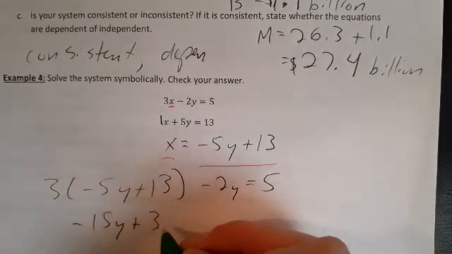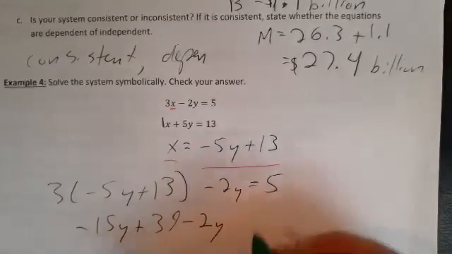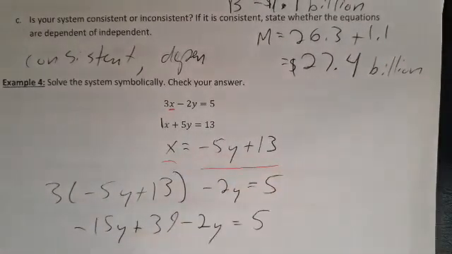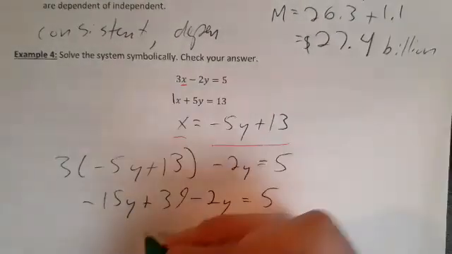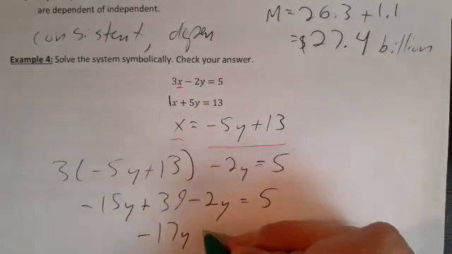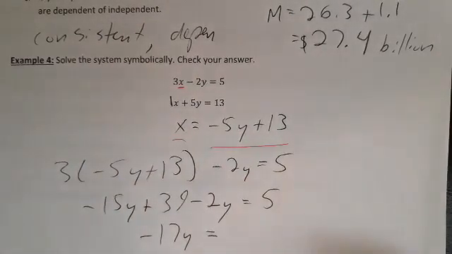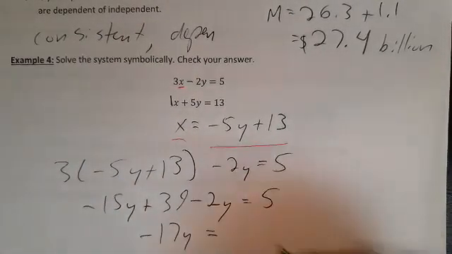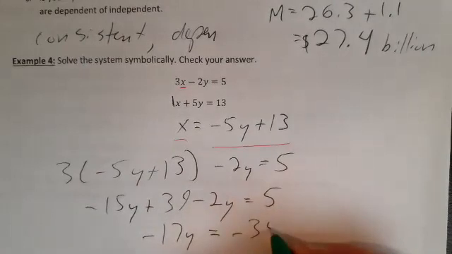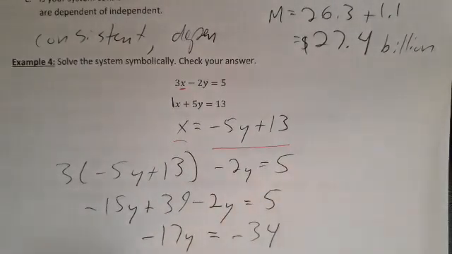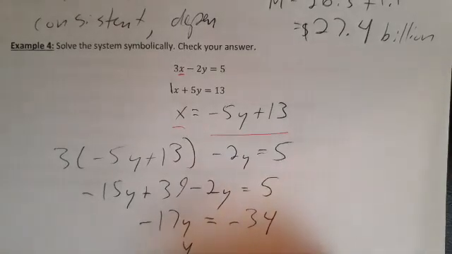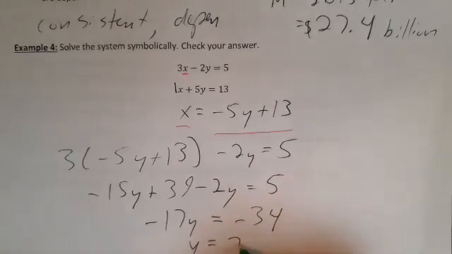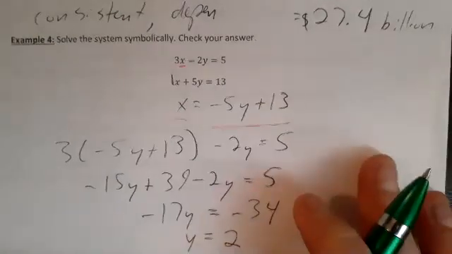So this is 39 minus 17y is 5. I got to subtract 39 from both sides, giving me minus 17y equals minus 34. So I'm solving a one variable equation, and y equals 2, I believe.